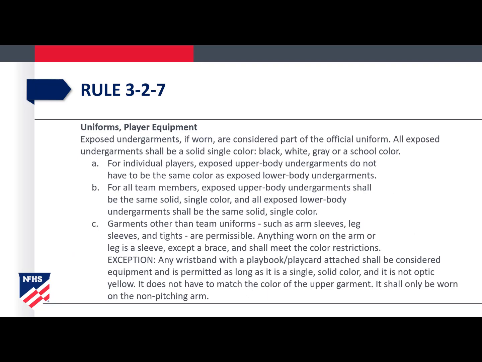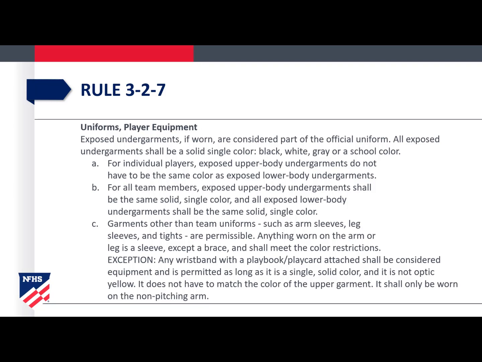In Rule 3.2.7, we find that exposed undergarments, if worn, are considered part of the official uniform. All exposed undergarments shall be a solid single color, and again our normal colors: black, white, gray, or a school color.